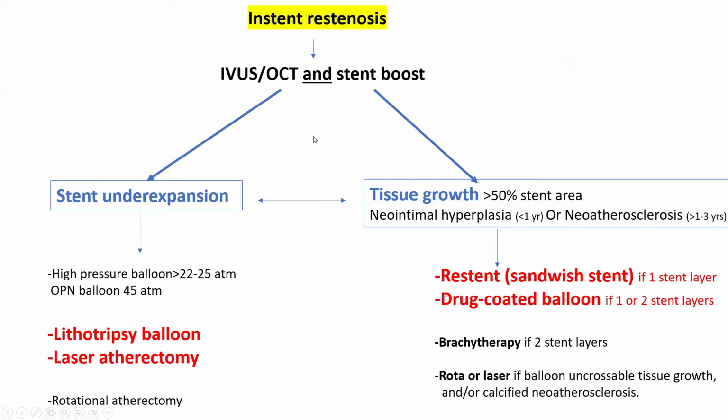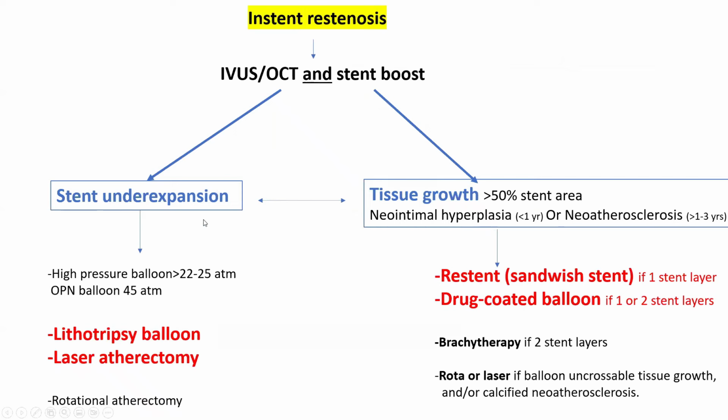First, whenever we have in-stent disease, you need to define the mechanism by using IVUS or OCT and StentBoost in STEMI. And you will define the mechanism into one of the following two: stent underexpansion or tissue growth.